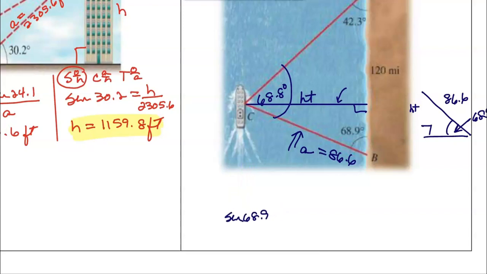And I will put that line back. Okay, so the sine of 68.9 equals opposite, which is the height, over hypotenuse, which is the 86.6 we solved for. Doing just cross products one step, I get my height is 80.8 feet.